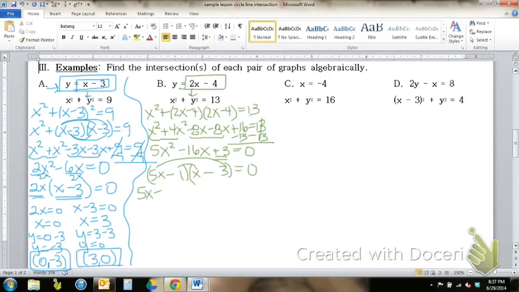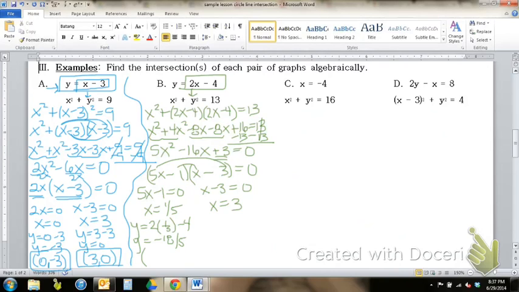Again, do my mini equations. Everybody that has an x gets an equation. And I solve, I get 1/5 and 3. Don't forget to go back and find your y values. So 2 times 1/5 minus 4 is going to be negative 18/5.